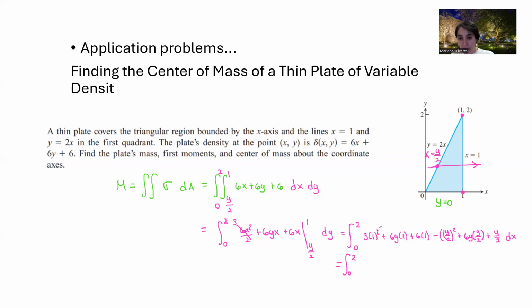From here, we're getting a 3. And from here, we're getting a 6, which is actually a 9. Here, we're getting a 6 times y. And from here, we're getting y squared divided by 4. From here, we're getting 6 divided by 2, which is 3y squared. And from here, we're getting y half. We can simplify a little bit more.